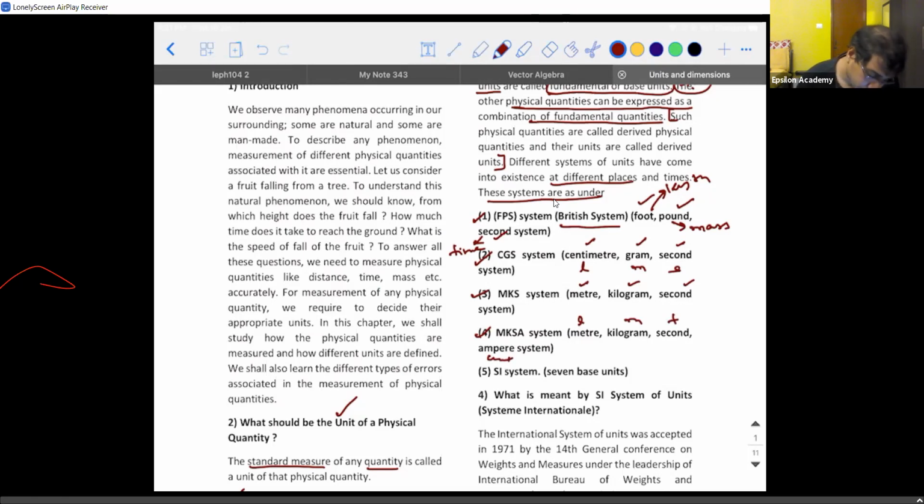Okay, so now the question is, we had these many systems across, right? But what do you think is the issue that will arise with these many variations for the same physical quantity? If you observe, I have the same length, the same mass, the same time, but what is changing?